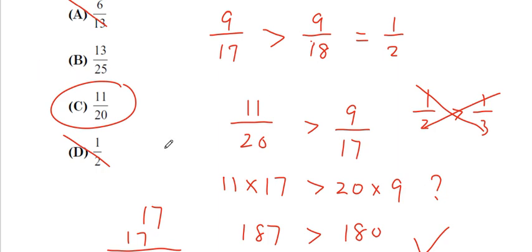It is up to us, but because the denominator 20 seems easy, we just pick this one.